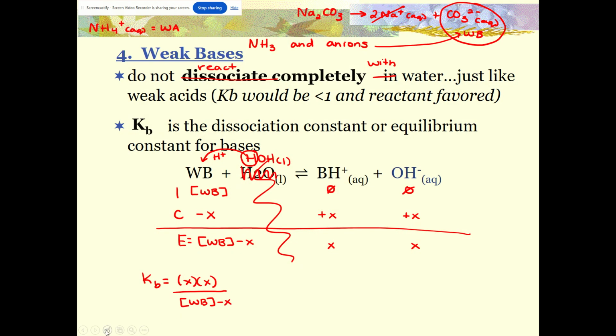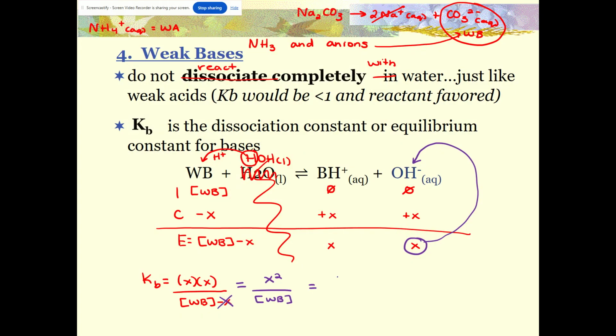But your KB values are all going to be really, really, really small. So we can always use the approximation method here and cancel that out. Okay? Simplifying this, it would be X squared over the concentration of the weak base. Now, X again, like yesterday, is the concentration of my hydroxide ion. Once I solve for X, that is the hydroxide ion.